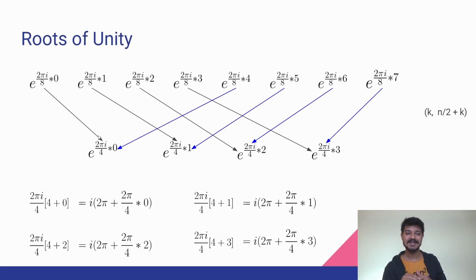So we see that roots of unity provide both of those properties that we were looking for. First, they appear in positive negative pairs. Second, when you square the first set of roots of unity, each two numbers from the first set map to a single number in the next set of roots of unity.